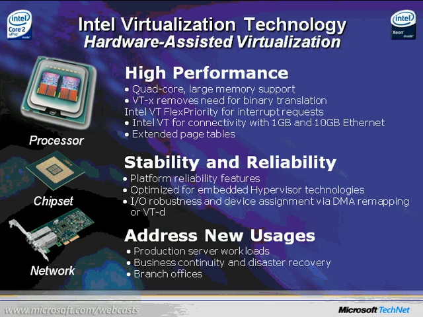In addition, Intel VT for Connectivity is a hardware-assisted feature set available in 1 gig and 10 gig Intel Ethernet network chipsets. Those network chipsets could be either integrated onto your server system boards, or they could be additional add-in cards. Intel VTC provides accelerated transfer of information. We talked a little bit about that in terms of data virtualization.